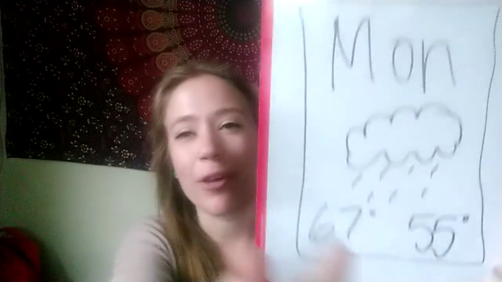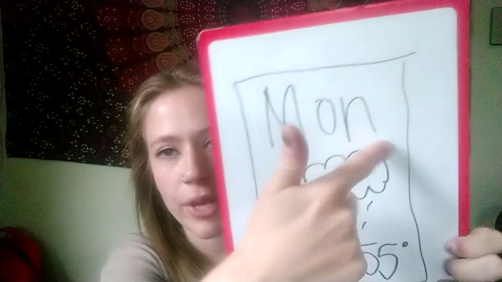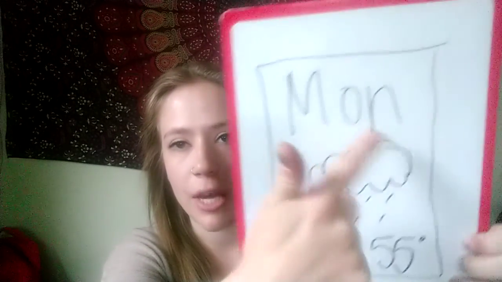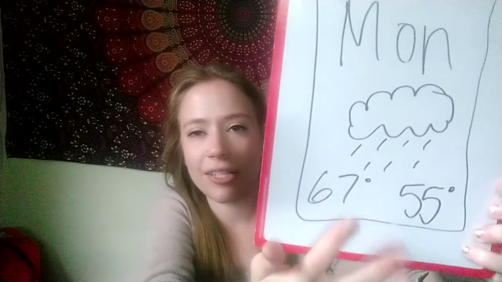Okay, so I see 67 degrees and 55 degrees. Ooh, we might have to do a math problem in a second because we are very close. Hold on, let me back up. If you have your blue box around Monday, so imagine this blue box, MON, short for Monday, the type of weather we're going to have today. And one of these will be our highest temperature and the other will be our lowest.